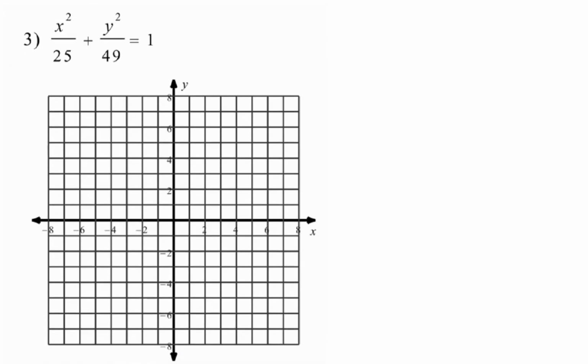So for this one, my center is also at 0, 0. I'm going to go over 5 on the x-axis. I'm going to go up and down 7 on the y-axis, which will be my major axis. My foci are going to be 49 minus 25, and 49 minus 25 is 24.